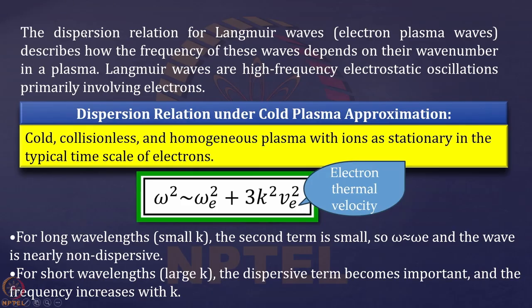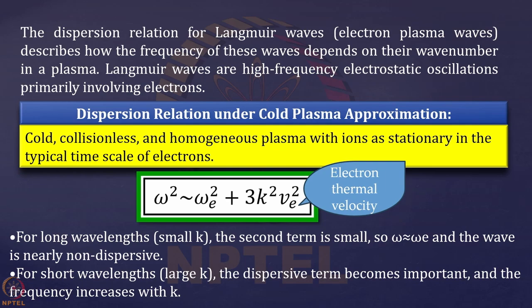So what we are finding here is that the dispersion relation for Langmuir waves, which are sometimes called electron plasma waves because we are considering mostly the electron terms, and the ions are more or less stationary in the frame of the electron kinetics, because electrons are much faster compared to the ions.